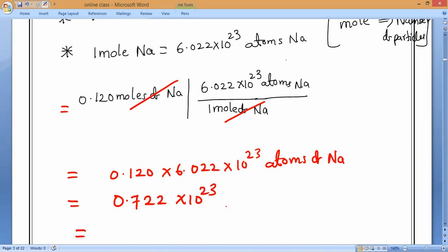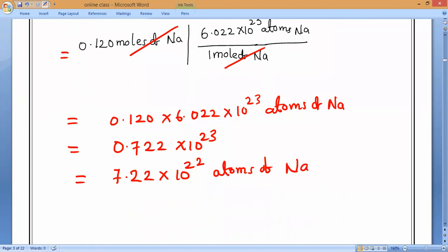Now let us modify this. Can I write it as 7.22 into 10 power 22 atoms of sodium? Is it right or wrong? Anybody having any problem? Any doubt? I wrote 0.722 as 7.22 into 10 power 22.